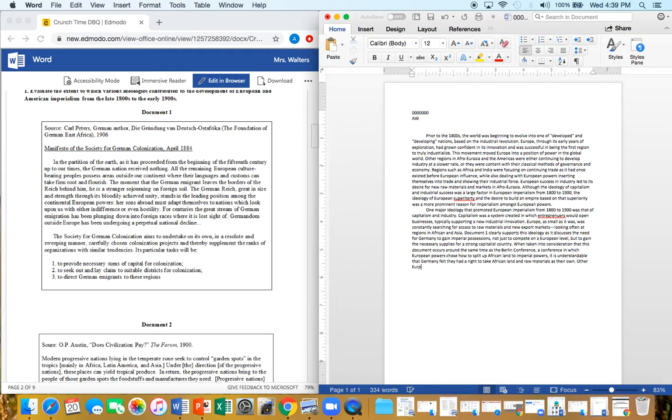Other European countries had already done so, and Germany thought they would have the same benefit that they saw others experience.